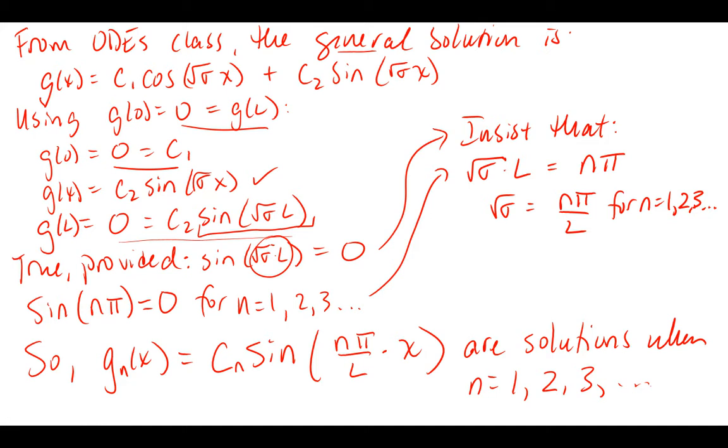But these are all solutions. I don't know what Cn is just yet, but I know that the main piece, the actual functional piece, is this sine contribution. This is our least favorite thing in the world to look at, this n pi over L. If I could just erase that, I would, because that would make it more digestible. Oh, okay, it's sine. But that's good enough. So just think about that and say, oh, okay, it's a sine function.